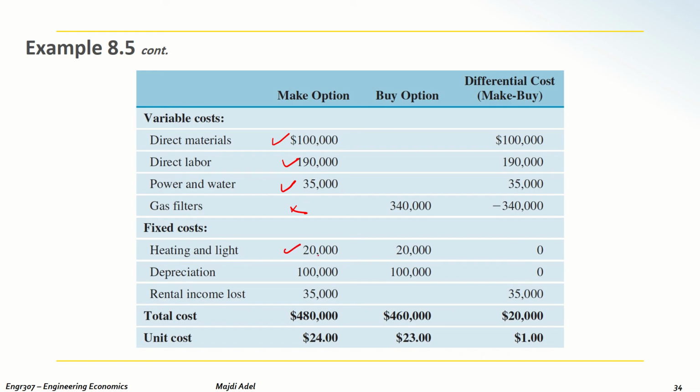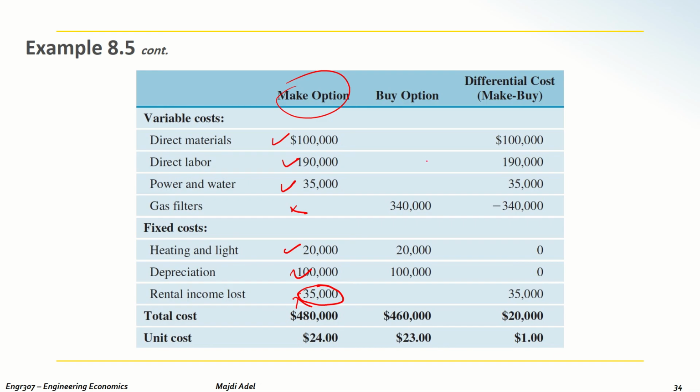Heat and light, depreciation, and as you can see, we added the potential rent as a cost for the make option, because if I decide to keep producing the gas filters, I'm losing this opportunity. I'm losing the $35,000. So it's going to be a cost for the make option.